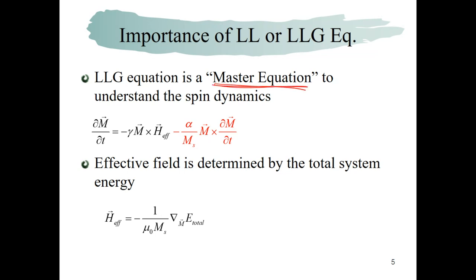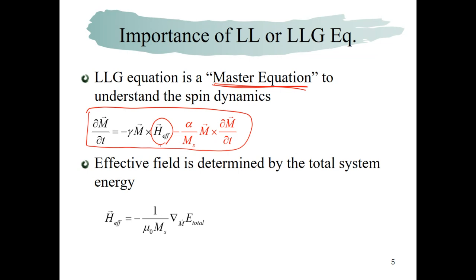That means we can use it to understand the spin dynamics in most cases. As you see here, the equation looks very simple. It implies that if we have some effective field, we can find the trajectory of the magnetization dynamics.